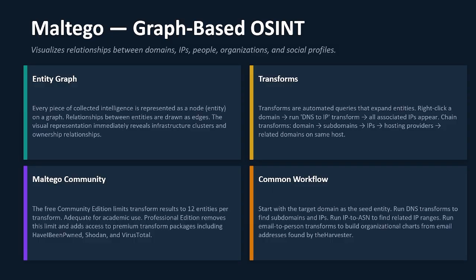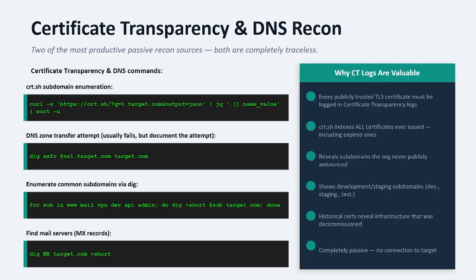You can run transforms to run queries across the expanded entities, and there's a free community edition. You can also pay for it. There's a professional edition which removes any limits that are there, but it would be more of an enterprise type usage.